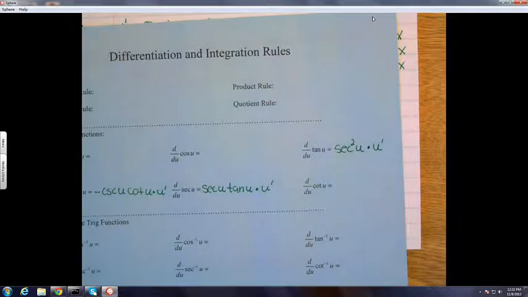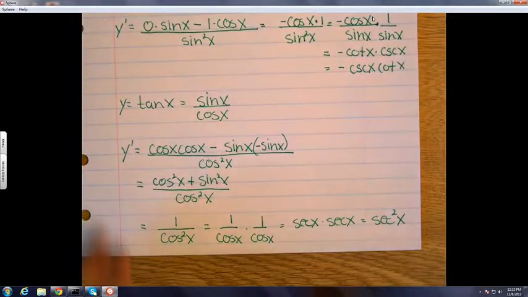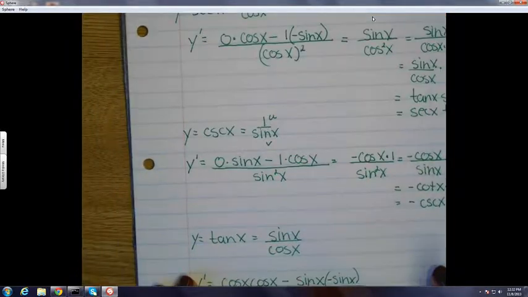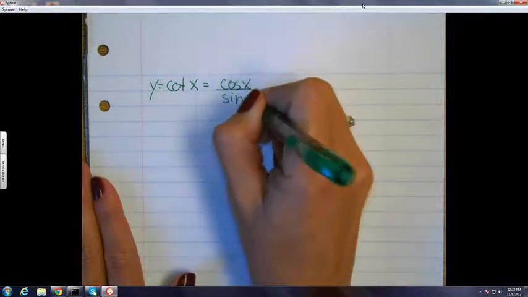Okay, last one is the cotangent. We start with cotangent. Rewriting, so you see sines and cosines, not 1 over tangent. We don't want that. We want cosine over sine, and now derivative.